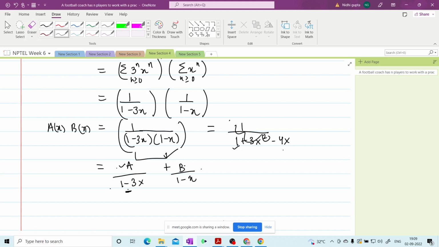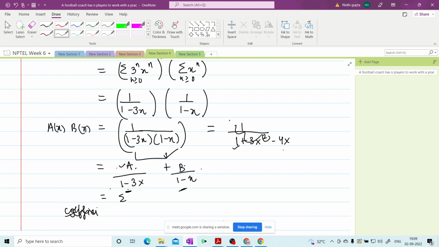Now we know what the coefficients here look like, so you can find the coefficient of x to the n.